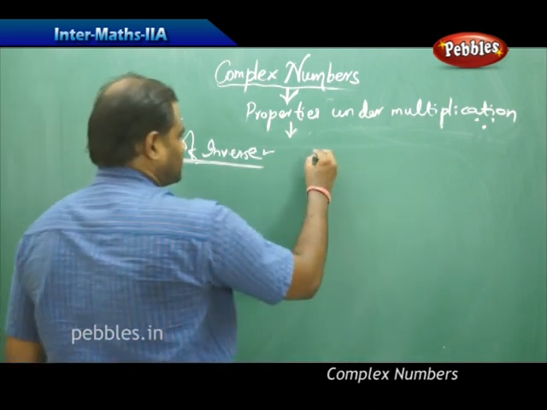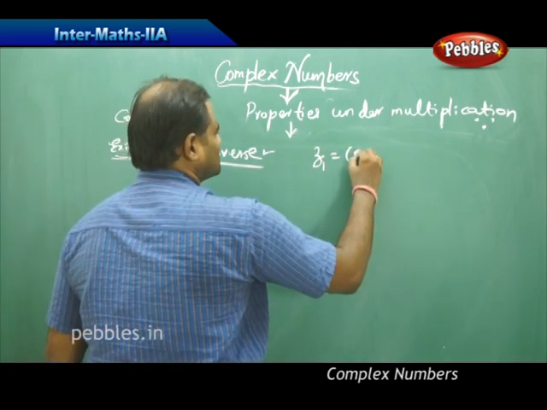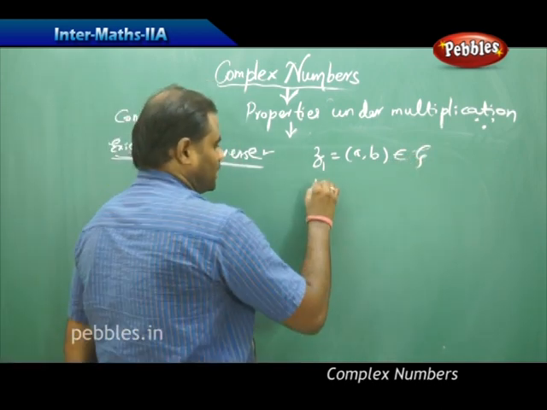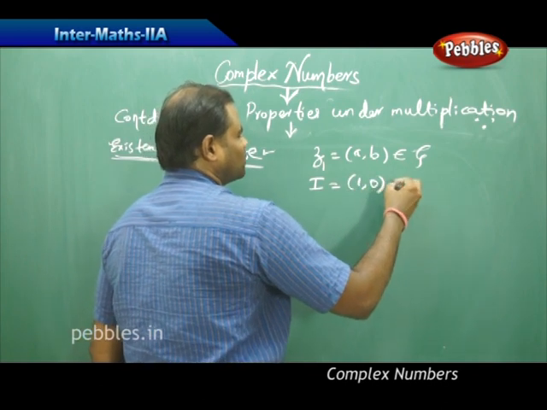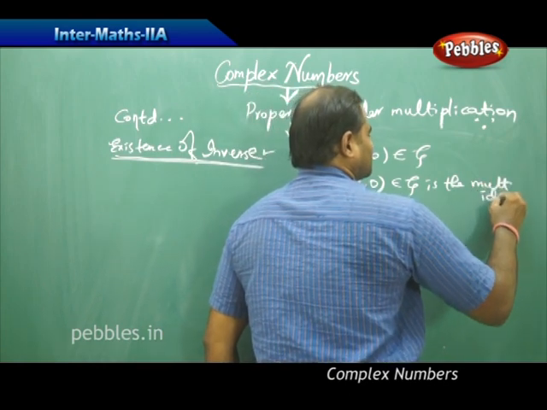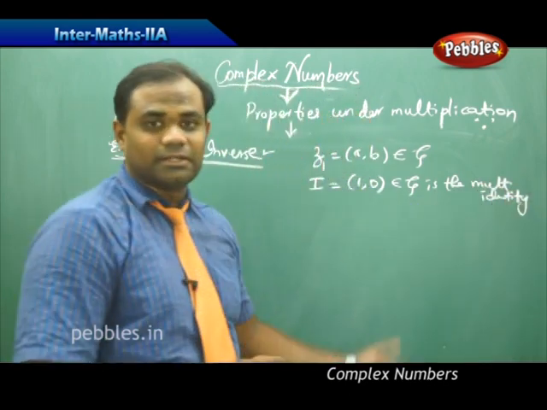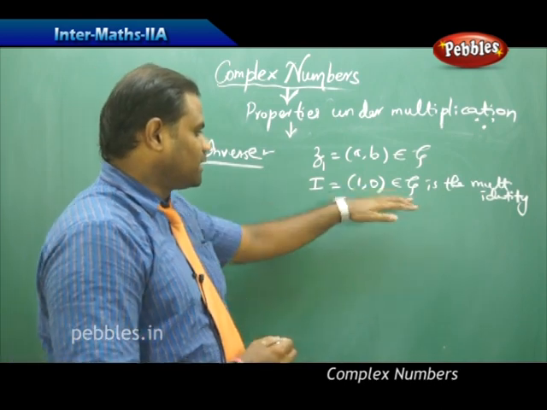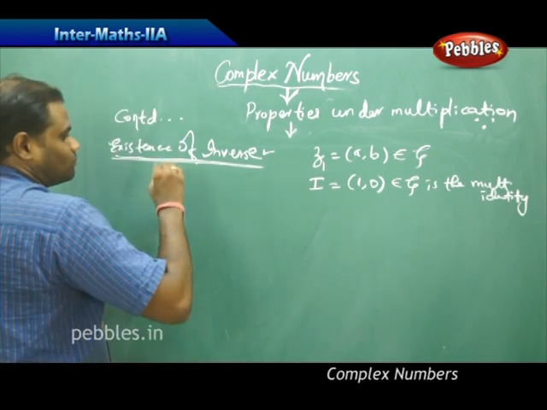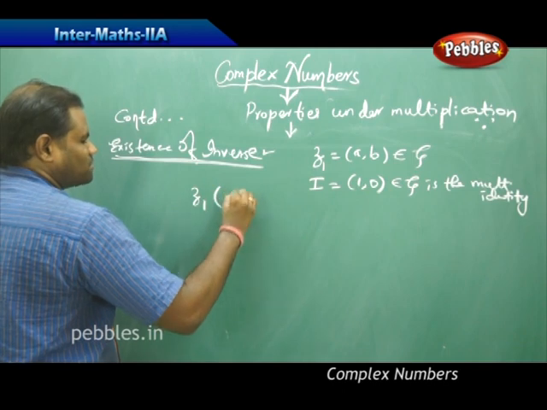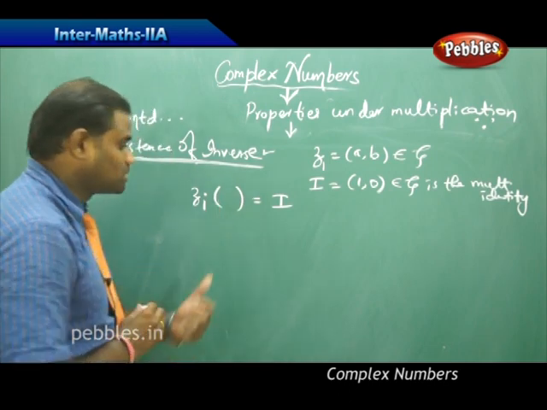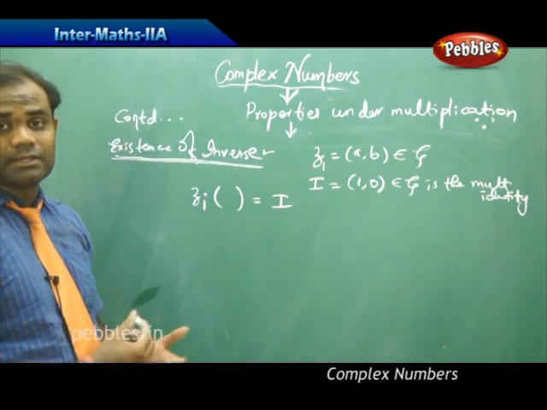Now let me take a complex number z1 equals a comma b belonging to the complex numbers, and I have identified 1, 0 belonging to C as the multiplicative identity, as we have seen in the recent session. Now the question comes that for the inverse to exist, when z1 is multiplied with something, I must get back I. Then let's see what is to be multiplied to this to get back I, is the biggest question.